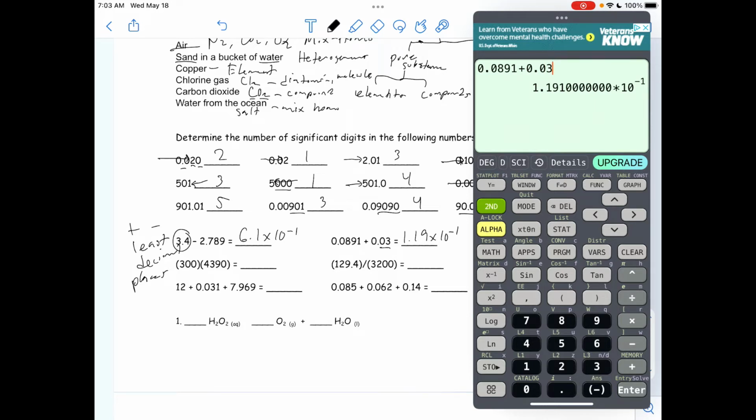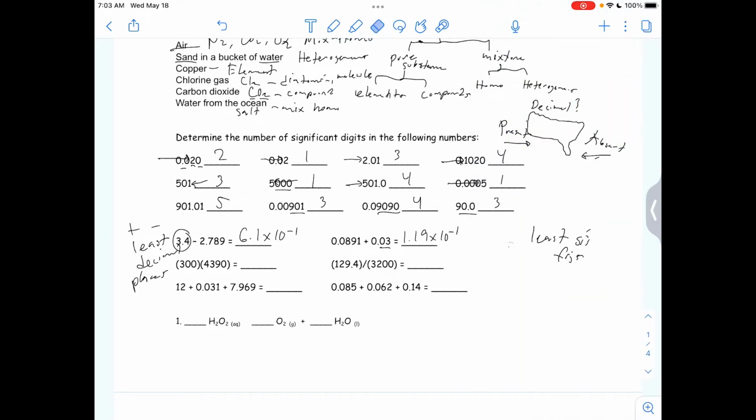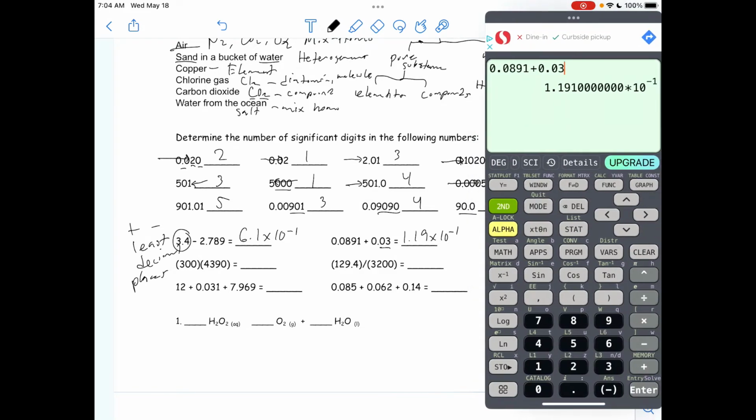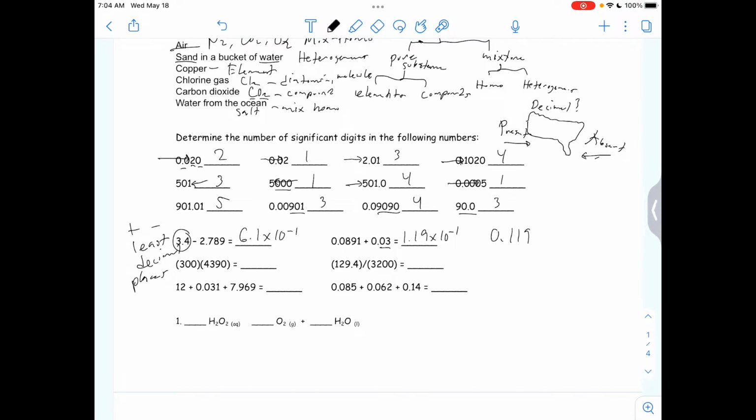Now notice, if you didn't put it into scientific notation and you had 0.119, that has 3 decimal places, so you would need to round this digit up to 0.12.